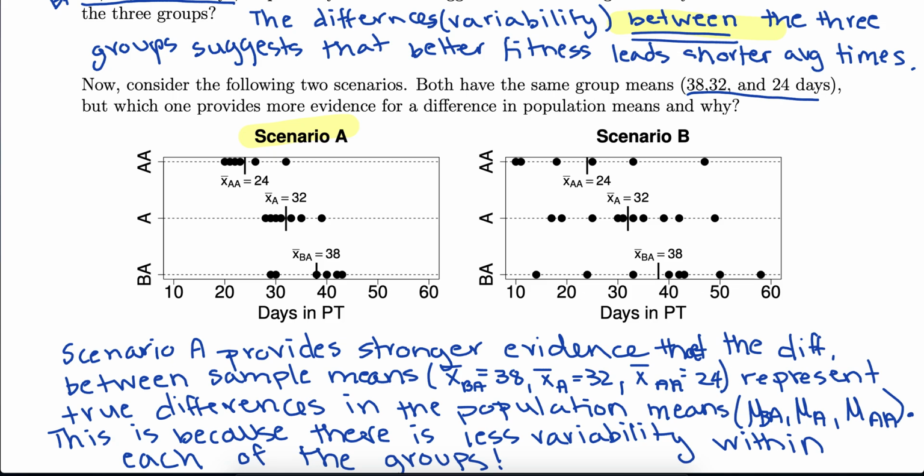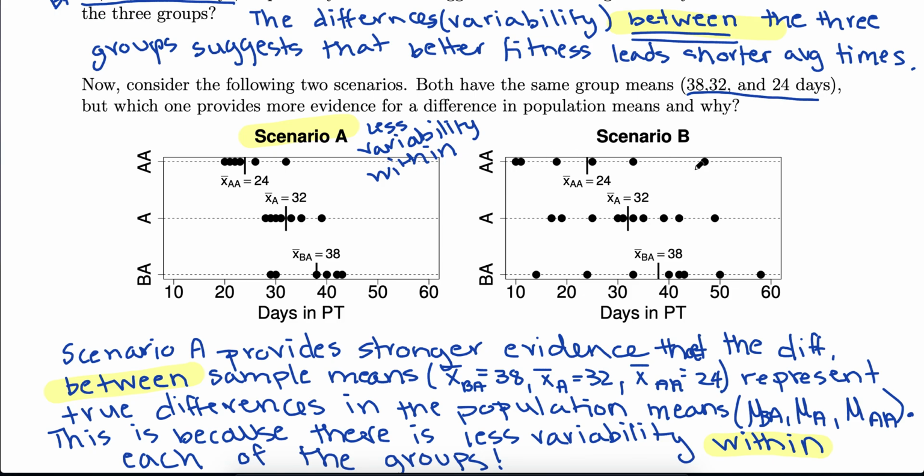Okay, so let me highlight to emphasize our ideas here, because this is going to be important and the crux of building our test. We have the within variability and the between variability. The between variability was highlighted in this first part up here, comparing 24, 32, 38. Between the groups, what do we see? These two scenarios compare the within variability. So this has less variability within each group.